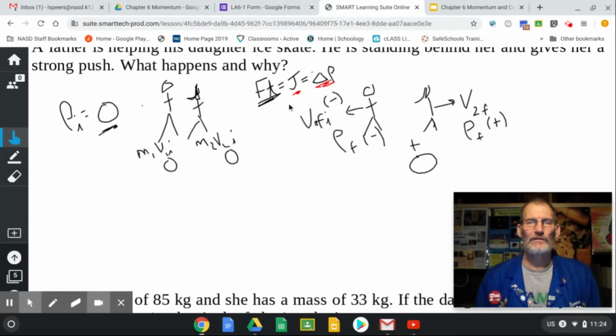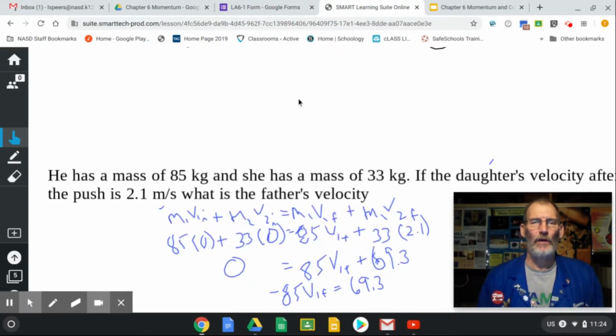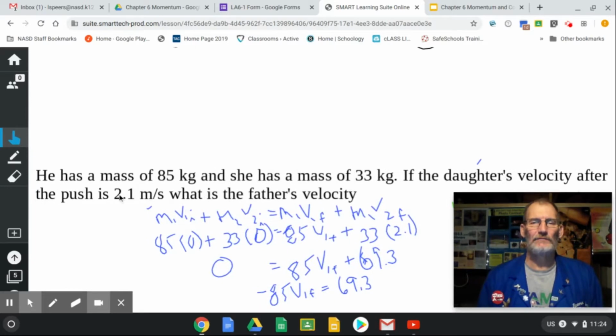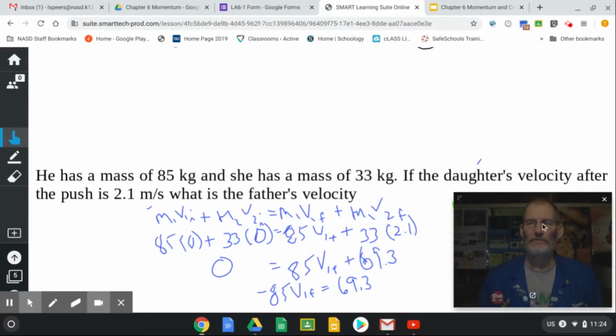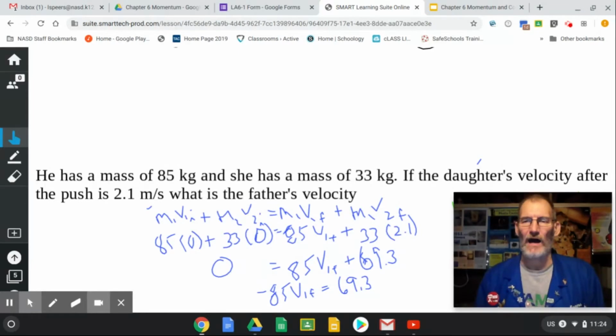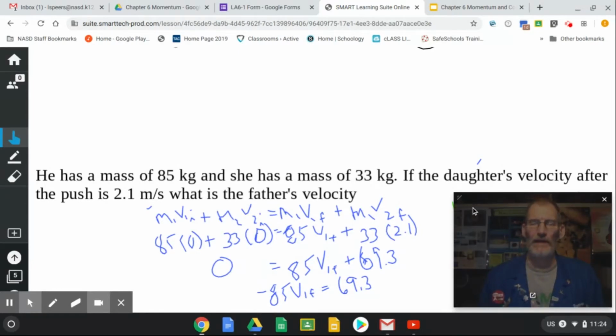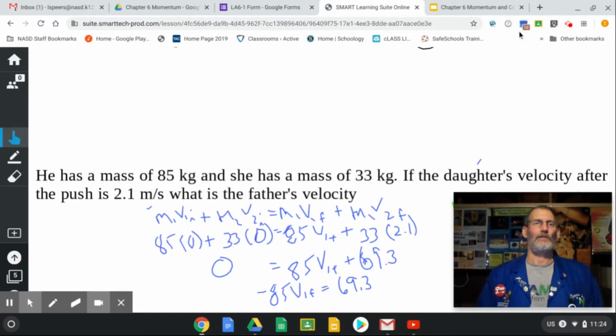Equal force on a larger mass creates a smaller acceleration, a smaller change in velocity, and the daughter has a larger change in velocity. So the daughter goes flying off at 2.1 meters per second, while the father moves backwards at that 0.815 meters per second, so negative. Okay?